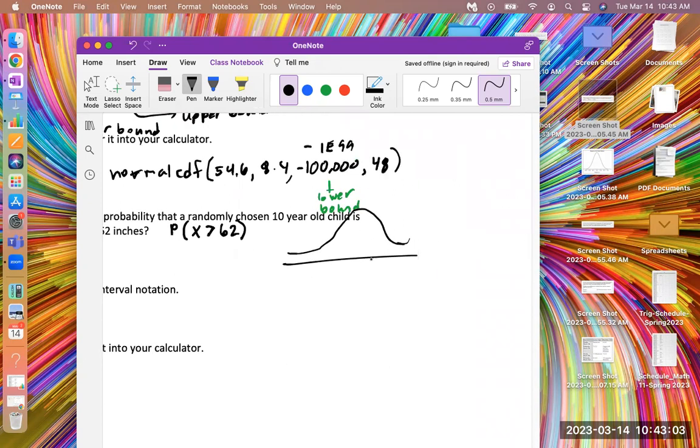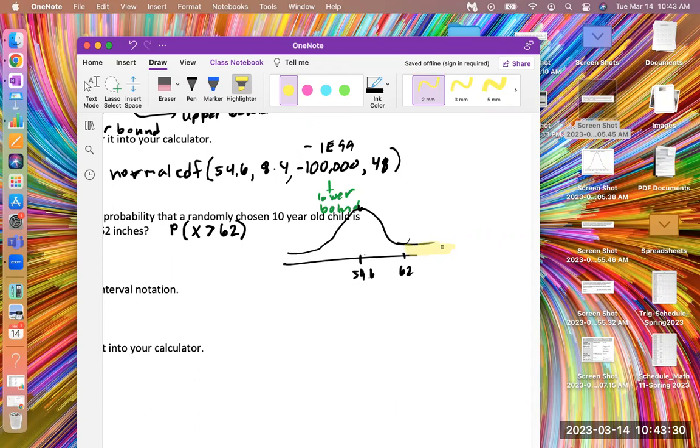The mean is where the peak is, so 54.6 is in the middle. Since going from left to right the numbers are increasing, 62 is to the right of that. Then the area we want to find is the area under this normal curve to the right of 62.